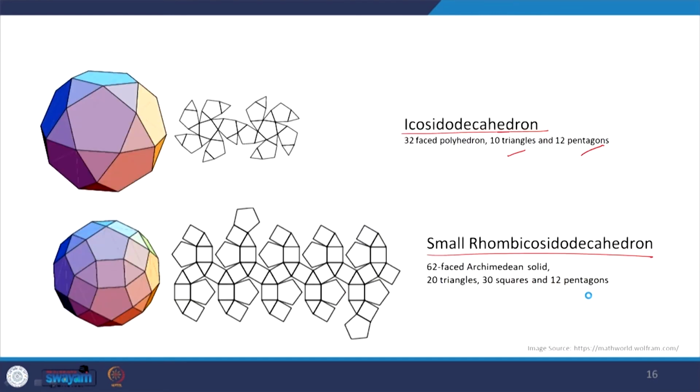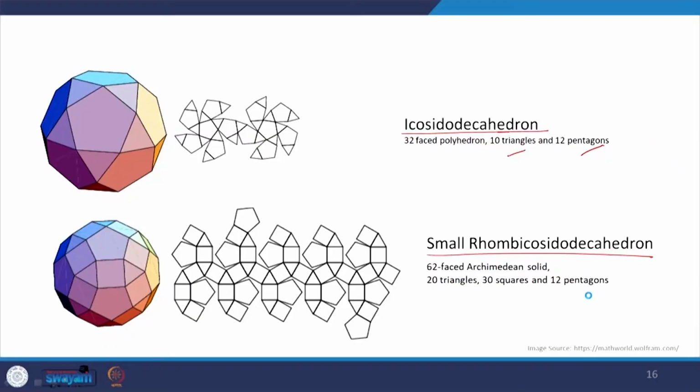Now if you look at how each of these is derived, it is dependent upon how the surface is being cut. If this is the dodecahedron, and I cut it in such a manner that after truncation of this pentagon we still get a pentagon, so half is cut, we will still get a pentagon and triangles here.